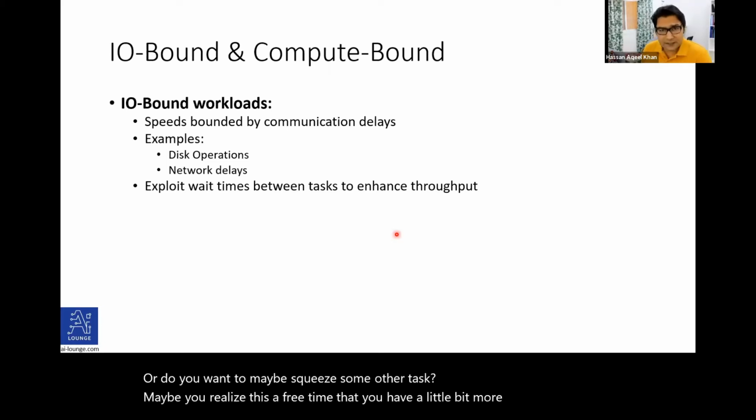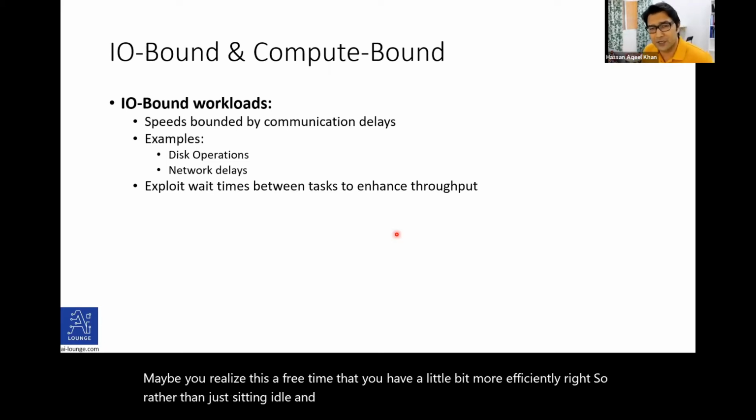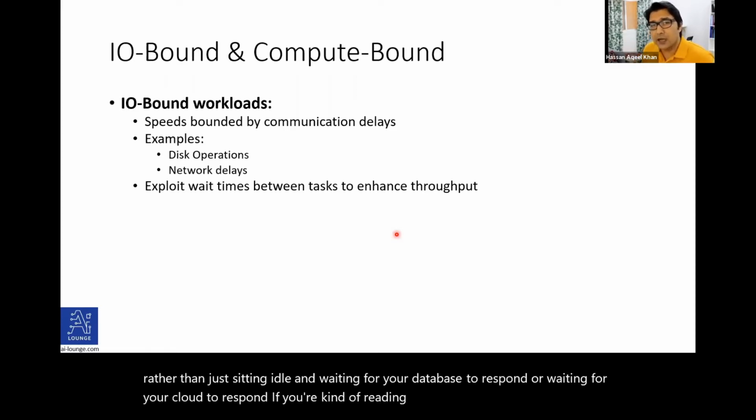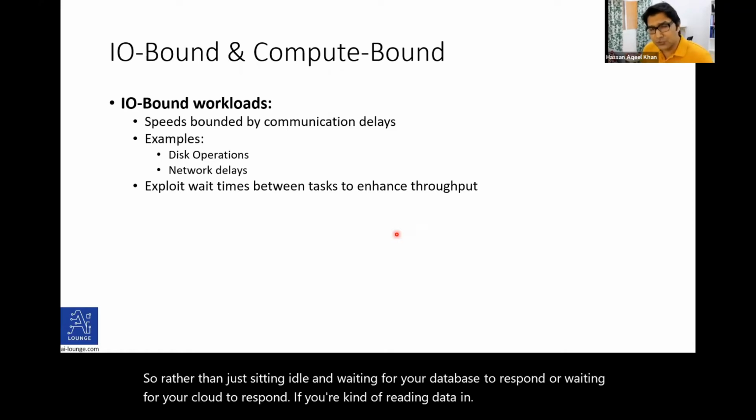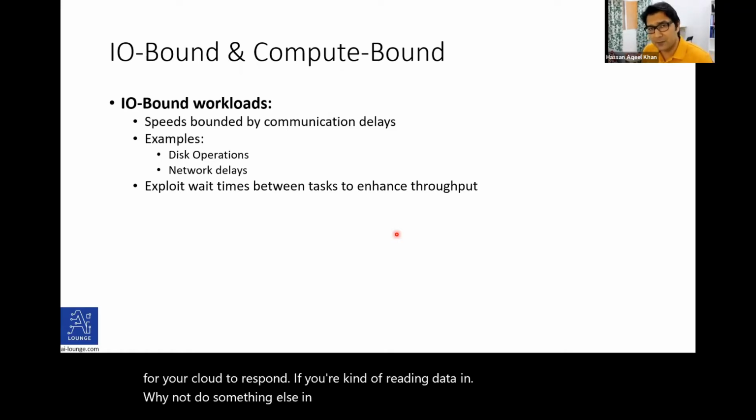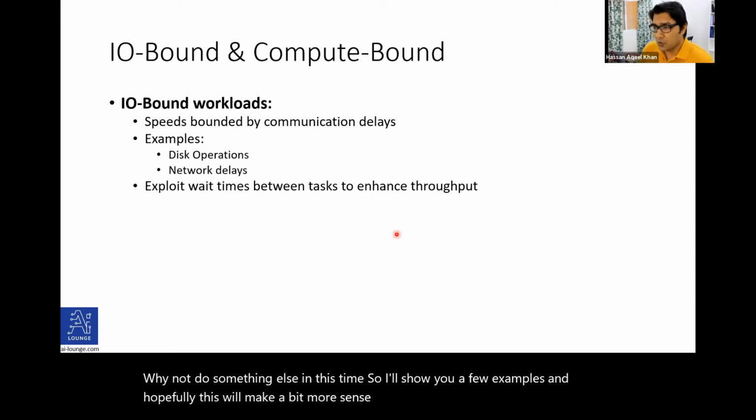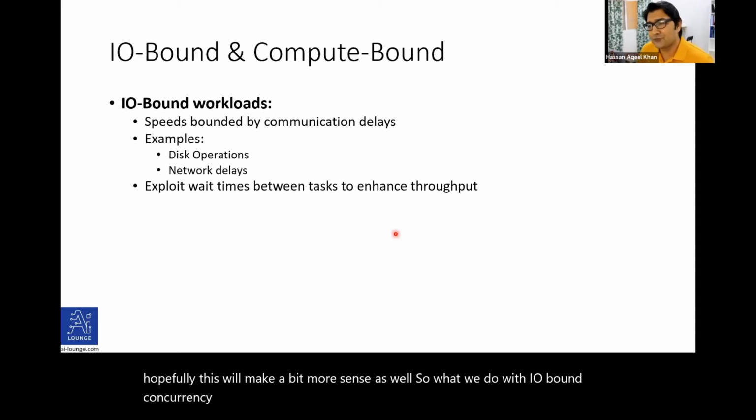Rather than just sitting idle and waiting for your database to respond or waiting for your cloud to respond, if you're reading data in, why not do something else in this time? I'll show you a few examples, and hopefully this will make a bit more sense. So what we do with IO bound concurrency is exploit these wait times between tasks to enhance our overall throughput. Okay.